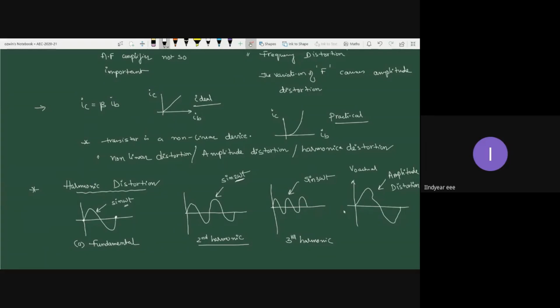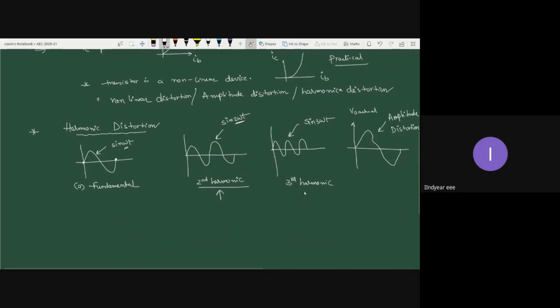The harmonics basically affect the wave shape of the actual output, and that is called amplitude distortion. Out of several harmonic components, the second order harmonic is very high, and third will be low, and fourth, fifth, sixth, seventh are going to be very, very small. Hence, normally in analysis, we consider second order harmonic.